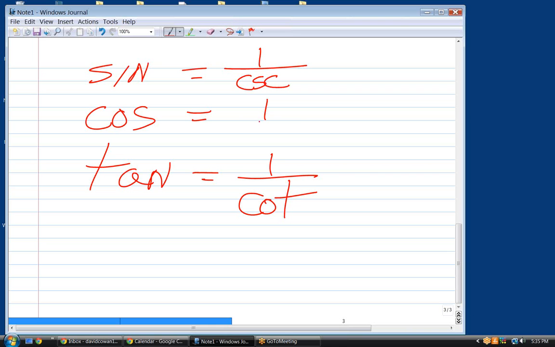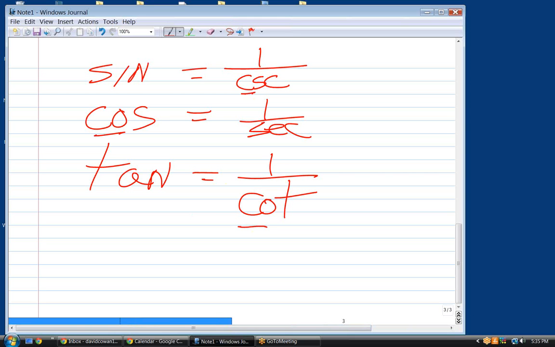Well, that goes there and this goes here because every one of these reciprocal relationships has exactly one co in it. There's the co there, there's the co there, there's the co there. So you'll never end up putting cosecant with cosine.